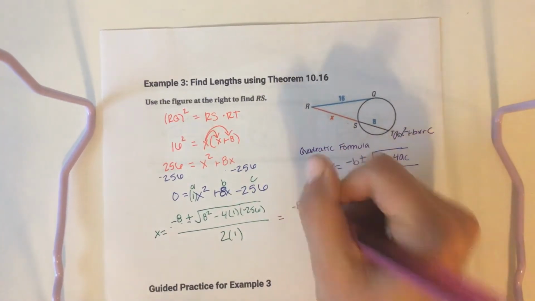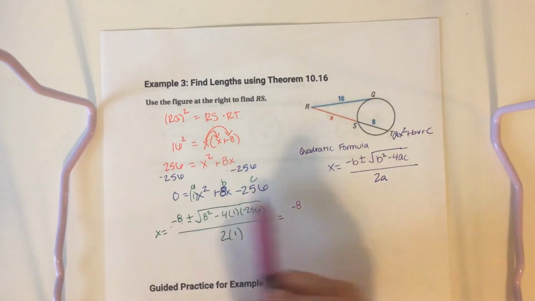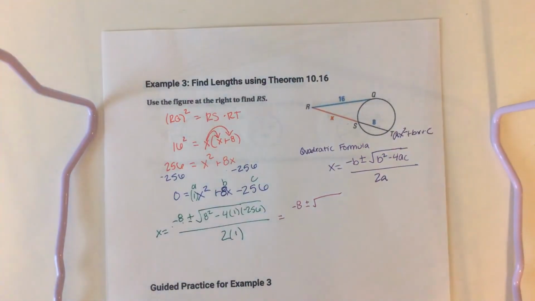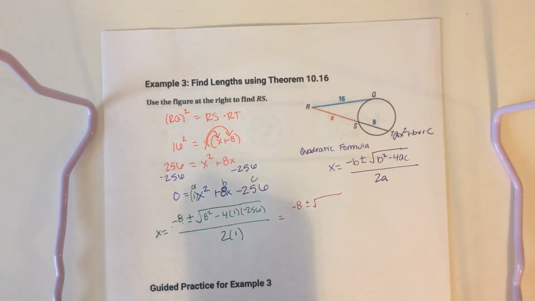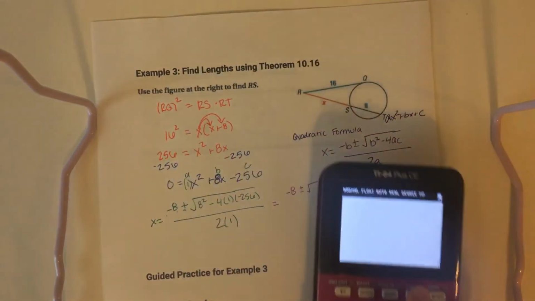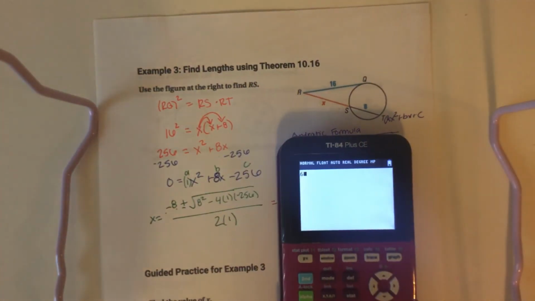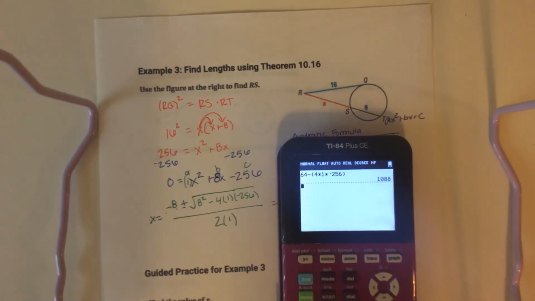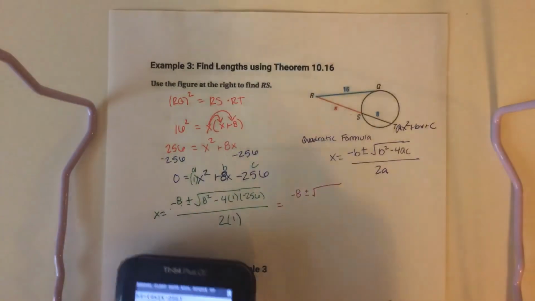So to clean this up, we're going to simplify what's in this square root right here. And just to make life easier, I'm just going to use my calculator, plug it all in at once. So 8 squared, 64. We all know that minus, I'm going to throw in my parentheses there to keep my order of operations correct, 4 times 1 times negative 256 to get 1088 underneath that square root.